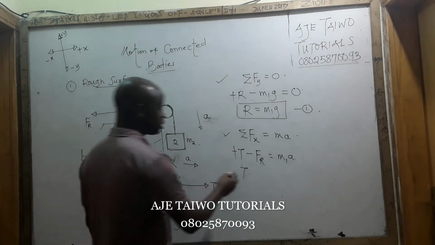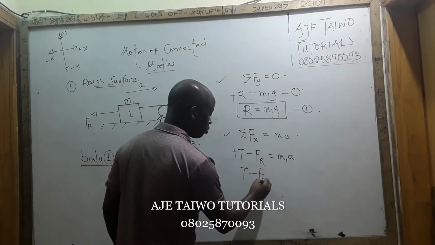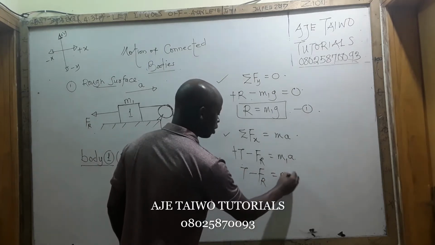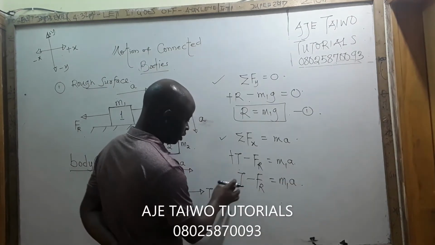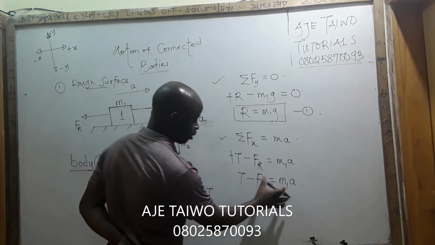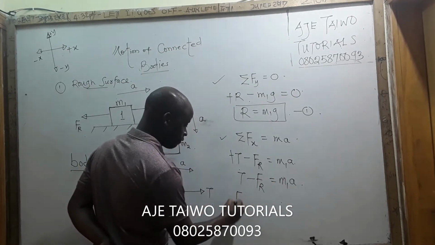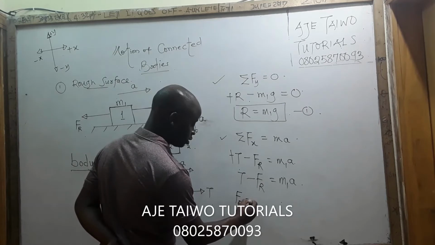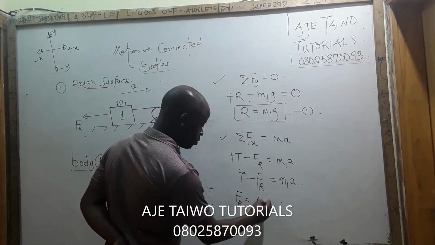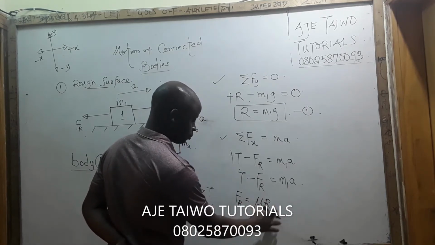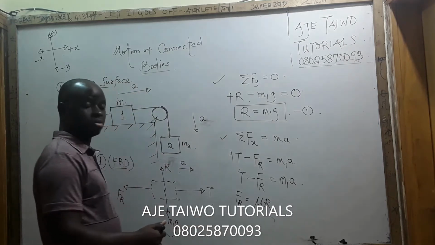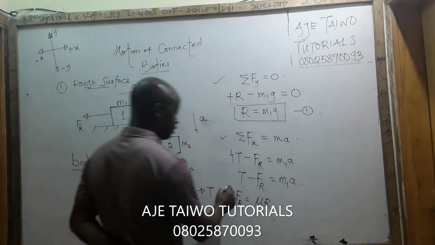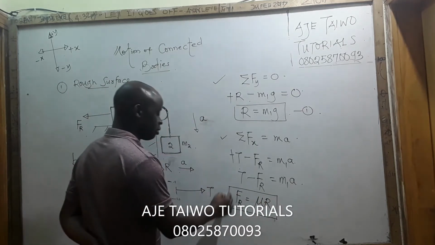So we have T minus Fr equals M1A. But our Fr is obtained using mu R. That's the formula to get friction.